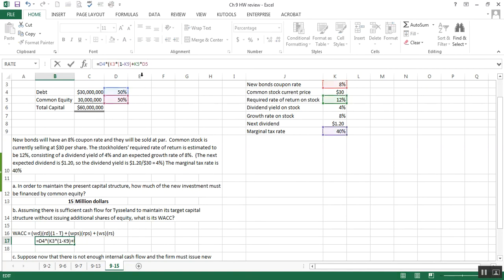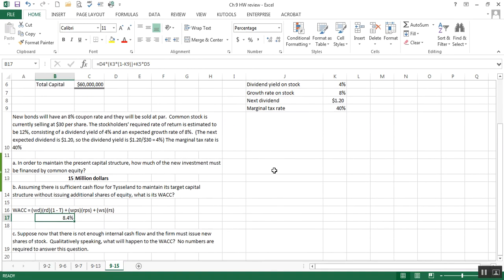Oops, I forgot a parentheses here. Order of operations, very important. So that gives us a WACC calculation of 8.4%.